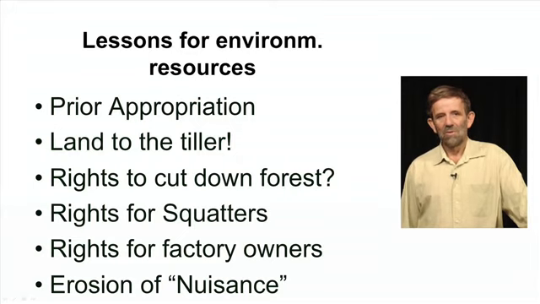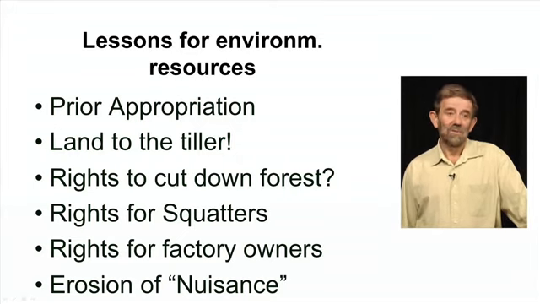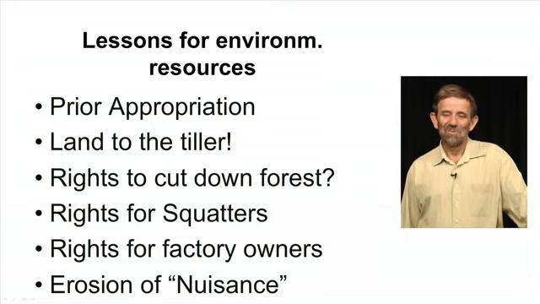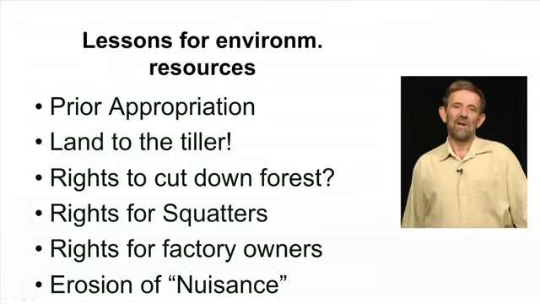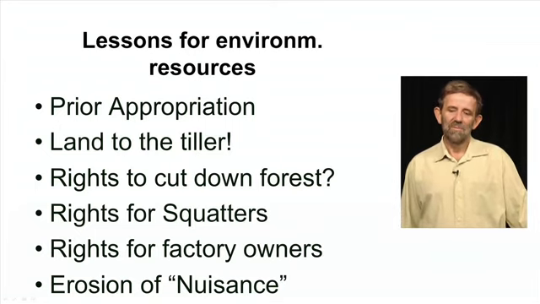If you go into an unclaimed area, or even an area that actually does belong to someone else, you cut down the forest, you put up some fences, some cows, and so on. You have developed the land, and you are often rewarded with property rights. So this can be a good way of getting property.